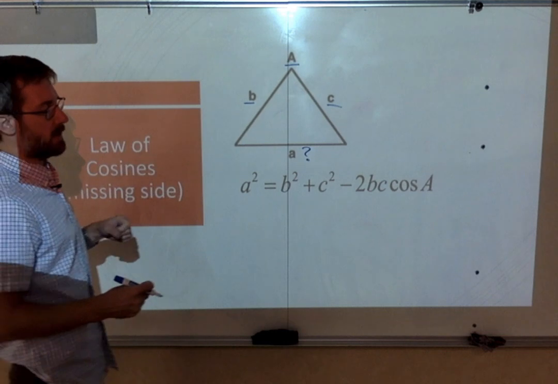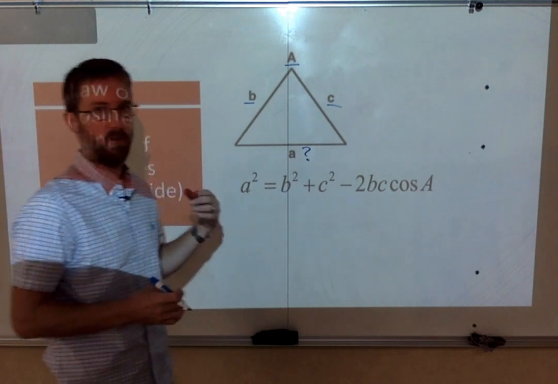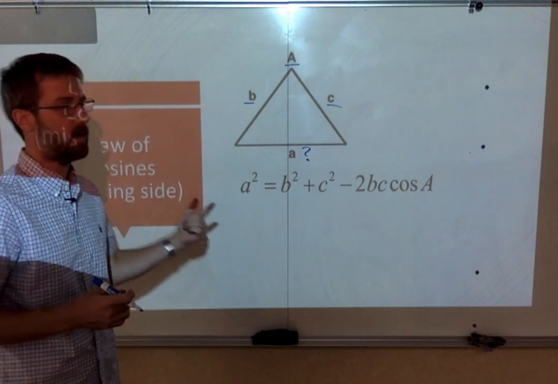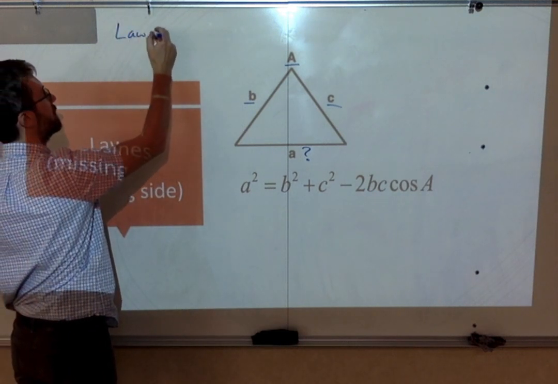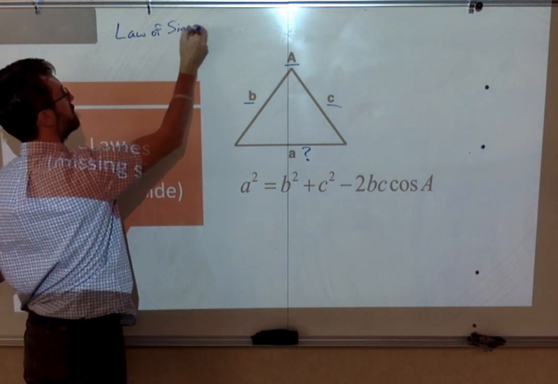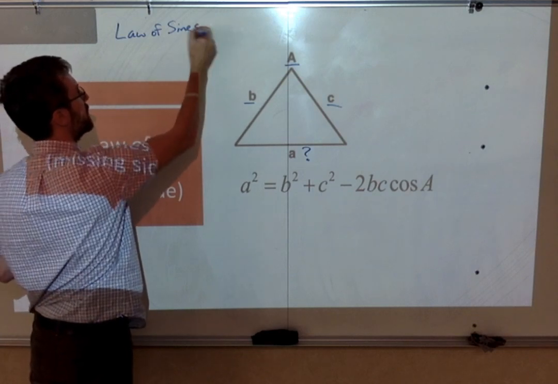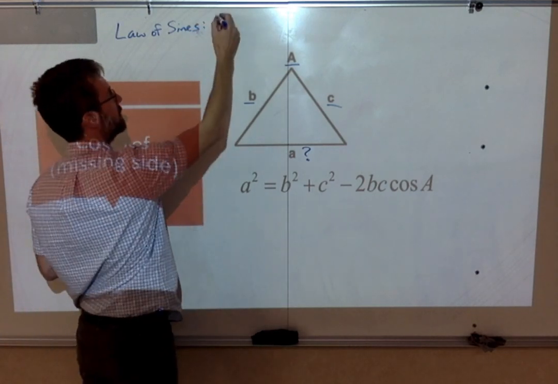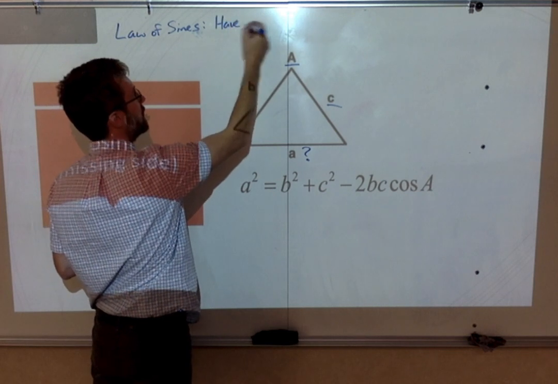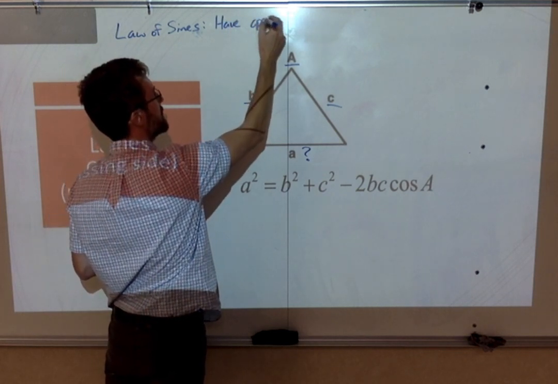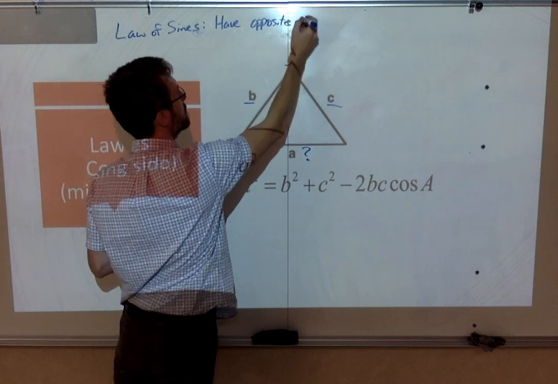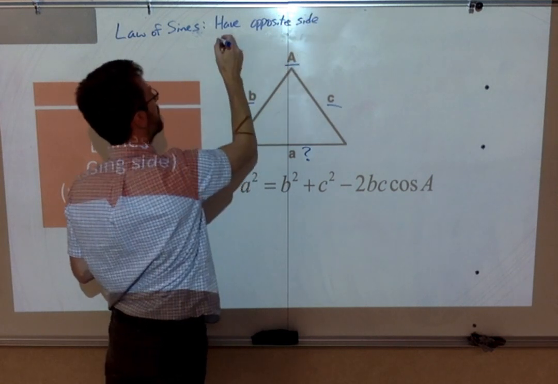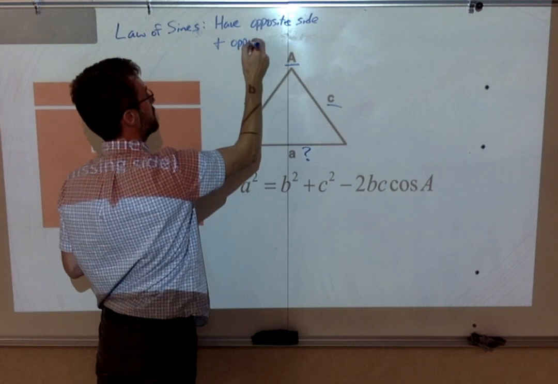One question that is natural at this point: how do I tell when I use law of sines or when I use law of cosines? For law of sines, this is when you have an opposite side and opposite angle.